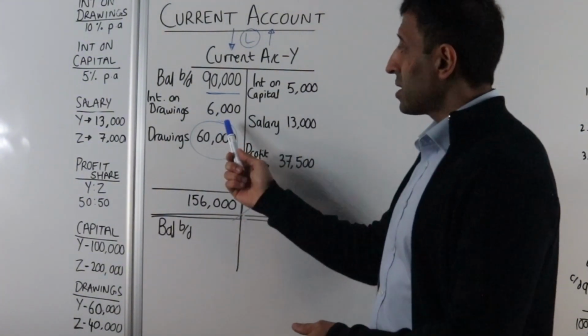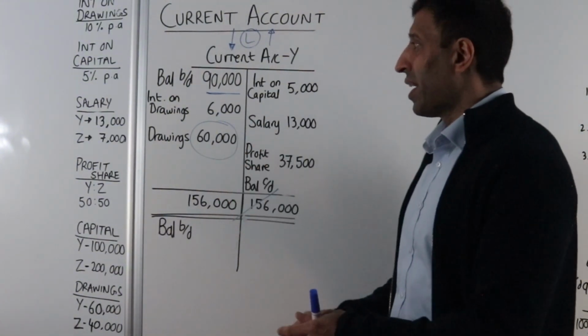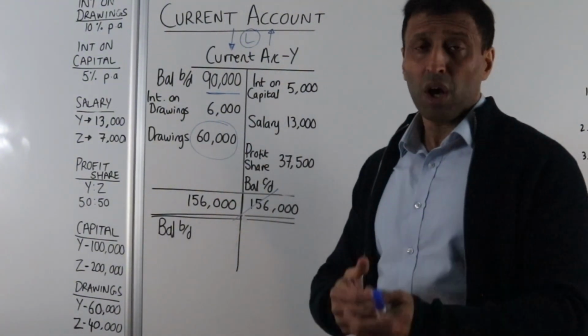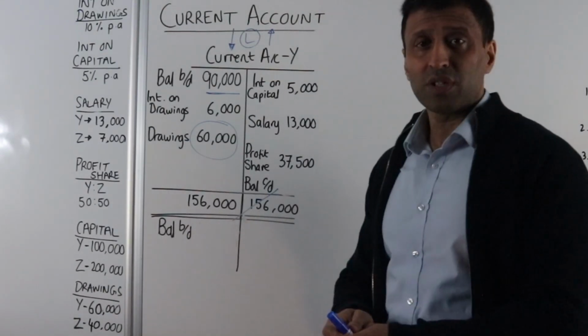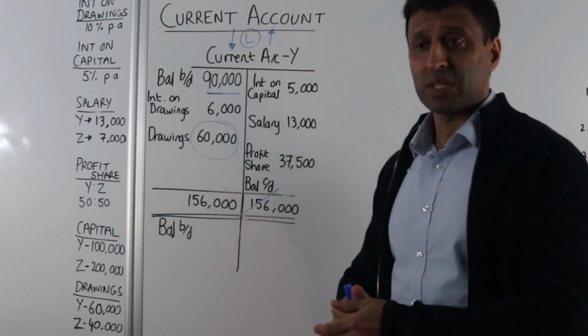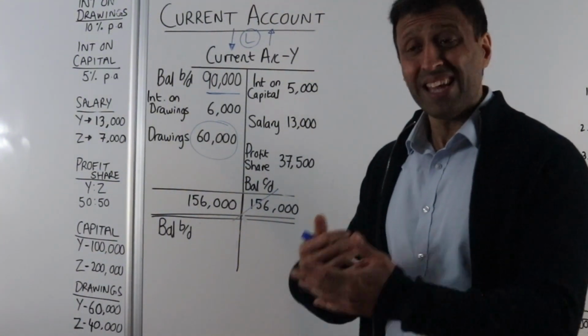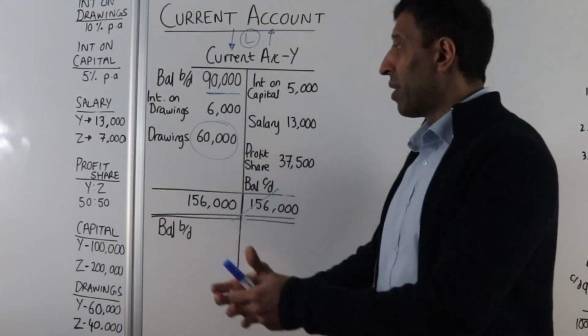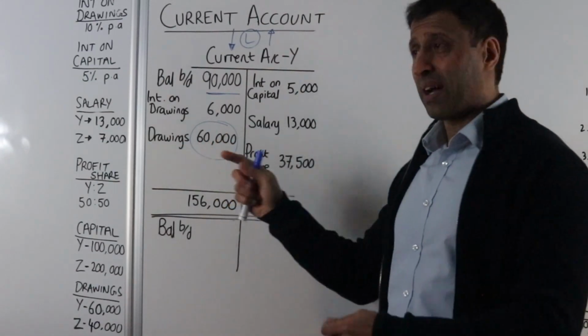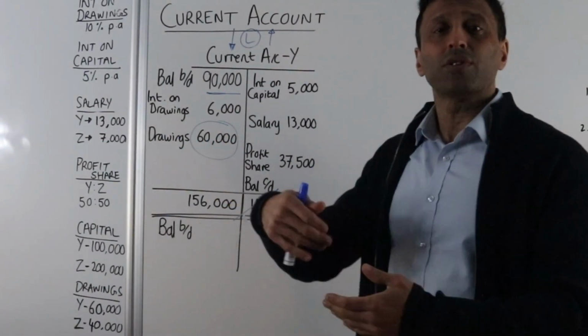And in this case, on the left hand side, the debit side, interest on drawings is a charge or penalty for taking drawings or money out of the business early, because we want partners to leave money or capital in the business. So if they take that money out, they get charged interest on drawings. Now, if they get charged, they now owe that to the business.